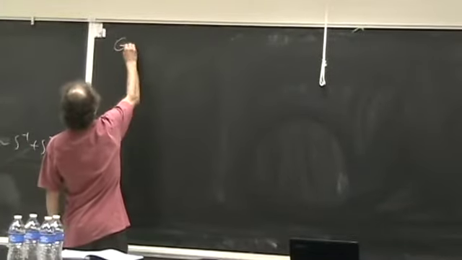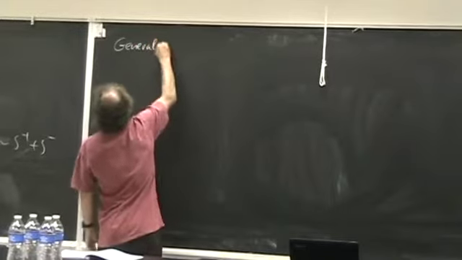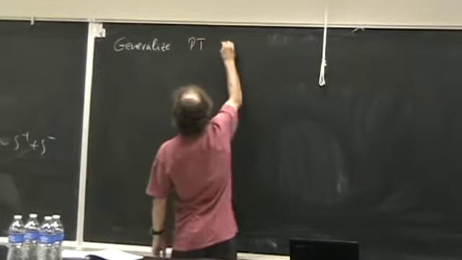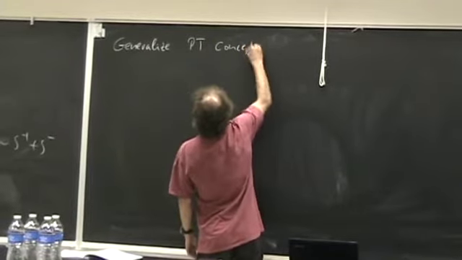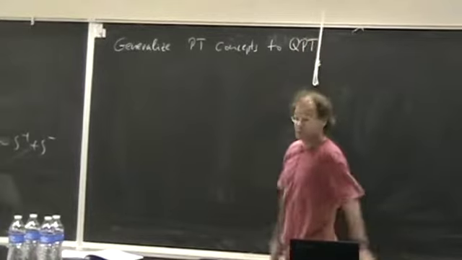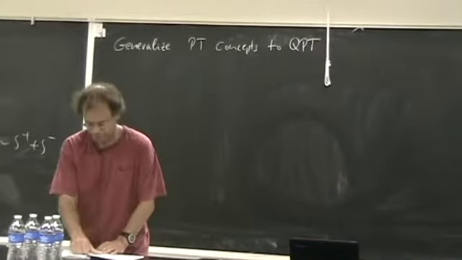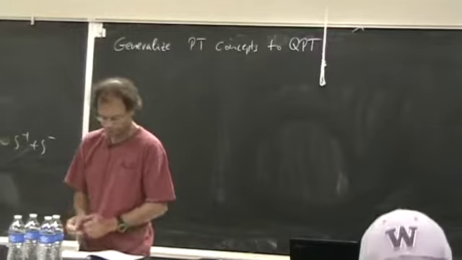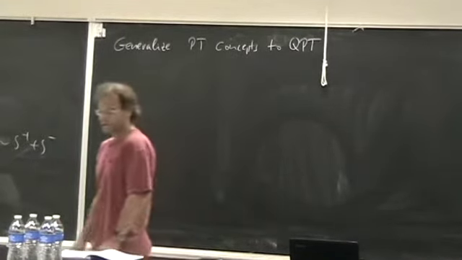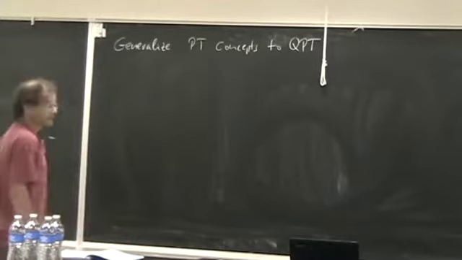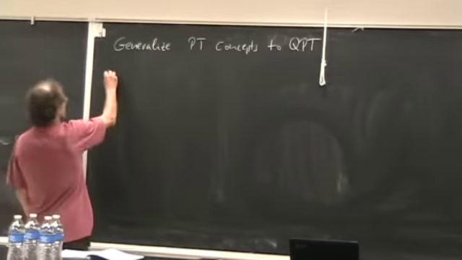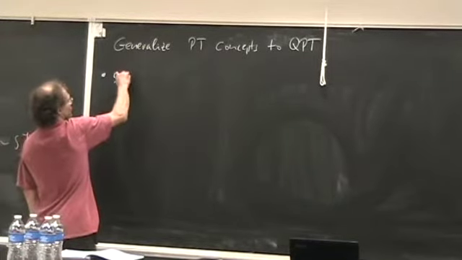So that's the goal now: generalize phase transition concepts to quantum phase transitions. And let me introduce a very important idea right away, an idea I will use extensively later on when we discuss this order, and that's the idea of the so-called quantum to classical mapping.